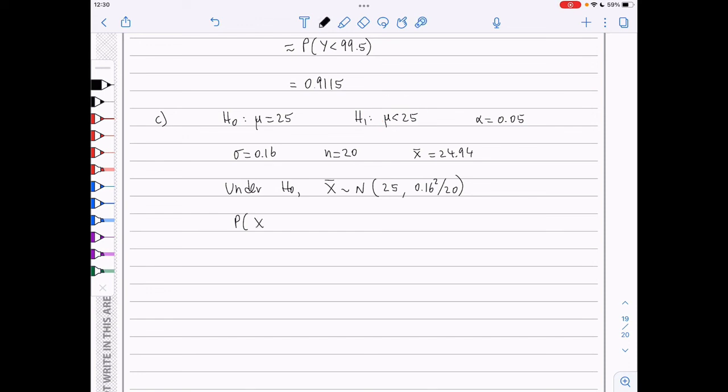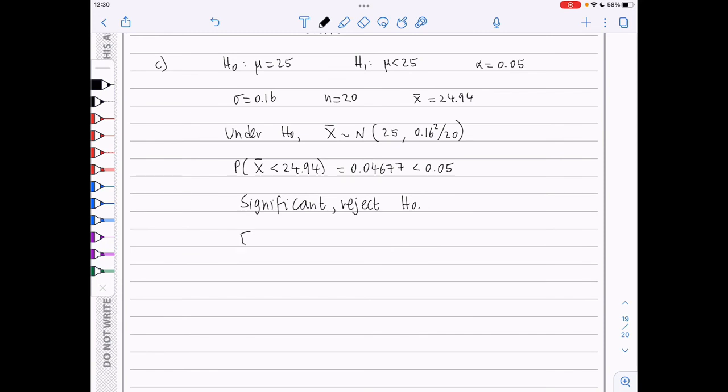The probability of X bar being less than 24.94 is equal to 0.04677. This is less than my threshold, my alpha level, the 5%, so it's significant. We reject H naught, which means that we have evidence to support Hannah's belief.